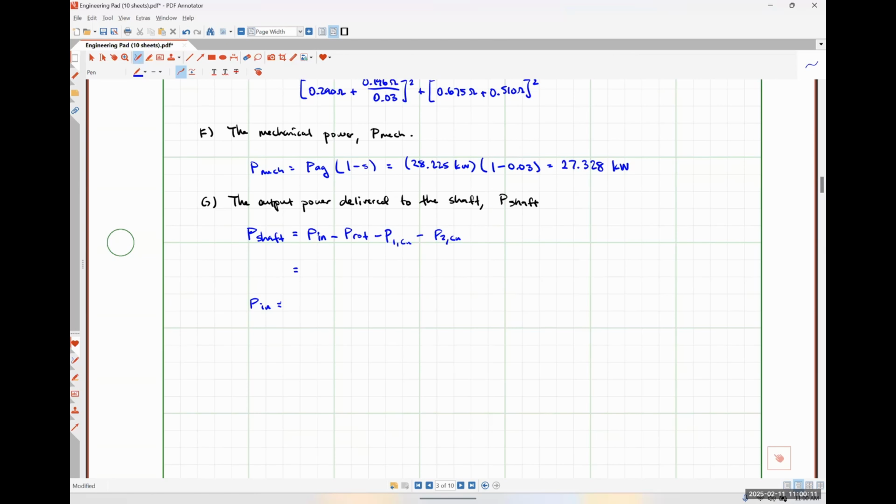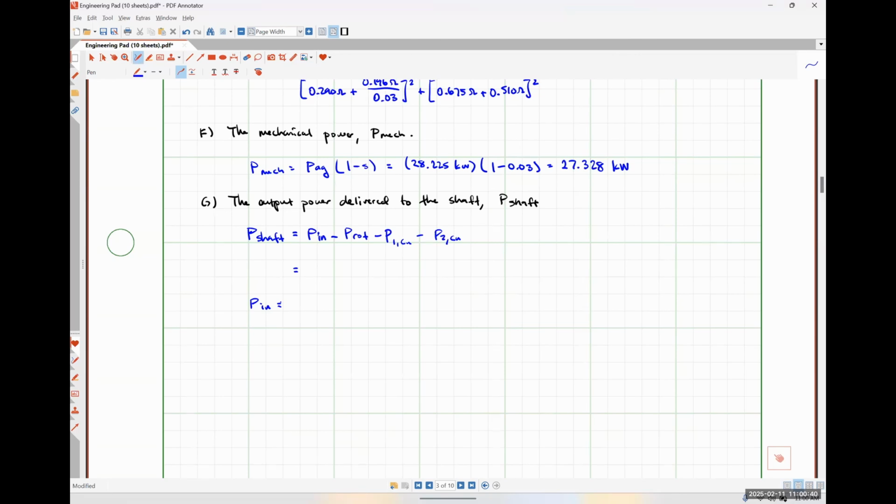So our complex power at the input would be the voltage drop across our motor squared divided by the complex conjugate of our motor impedance. That is definitely one way that we could do it. We could calculate our complex power, and then the real part of that would be our average power that we're looking for. That's one way.